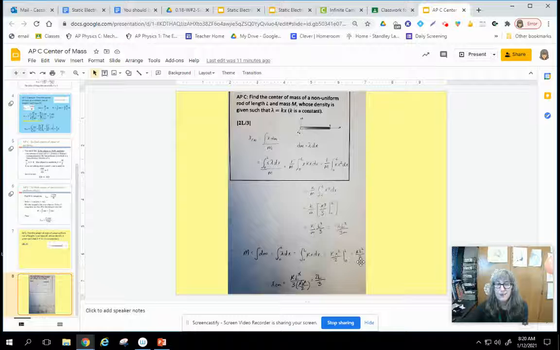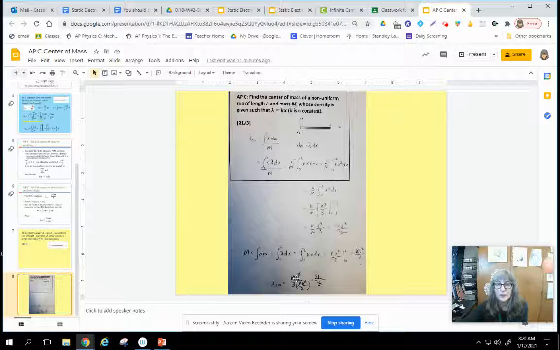Okay, now we can divide those two parts. So we have kL cubed over 3m, but that m is now going to be kL squared over 2. So that m has been replaced by what we just did.